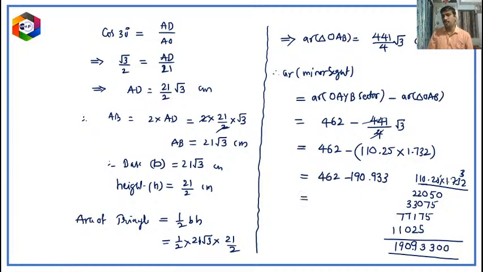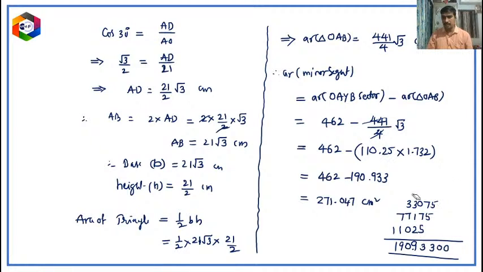Upon subtracting, which will be equal to 271.047 square centimeters. Let us subtract it; that is not a difficult task. Here I am arranging whatever I calculated.